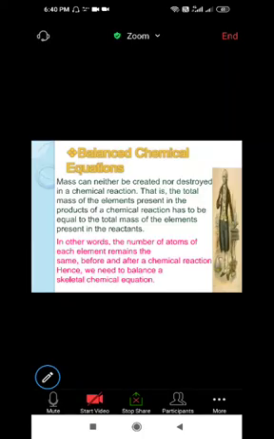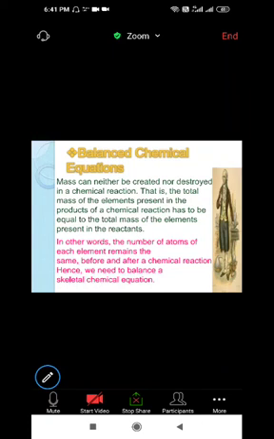Okay, here we have the next topic, the balanced chemical equation. Mass can neither be created nor destroyed in a chemical reaction. That is, the total mass of the elements present in the products of the chemical reaction has to be equal to the total mass of the elements present in the reactants.